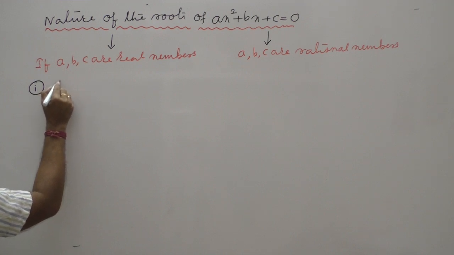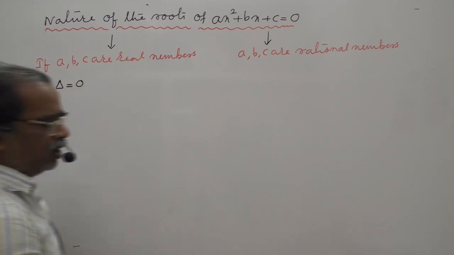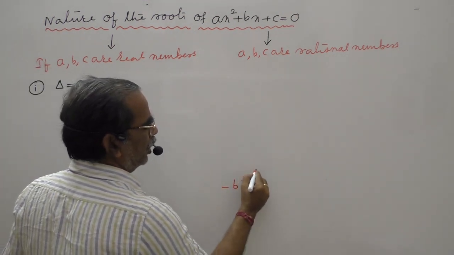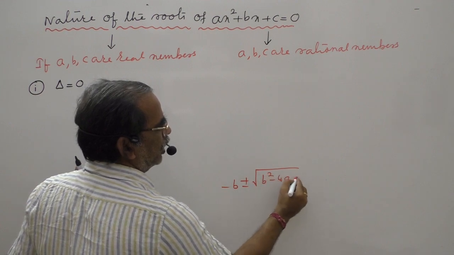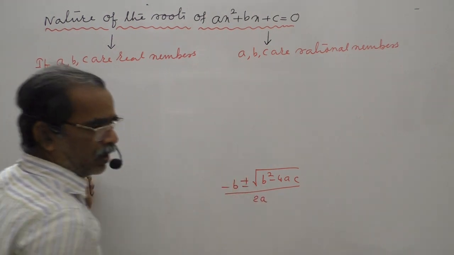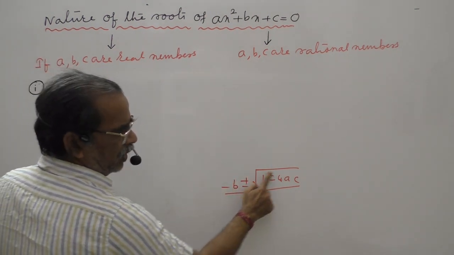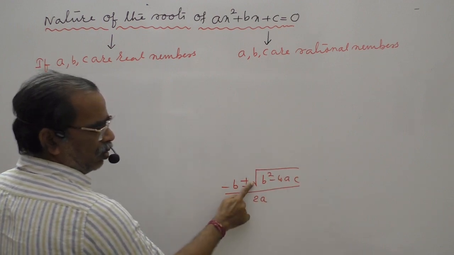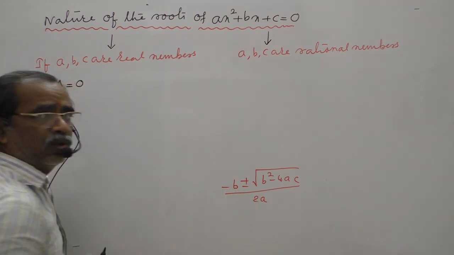Listen now. If delta is equal to 0, see what the roots are. Roots are minus b plus or minus root over b square minus 4ac, whole divided by 2a. If delta is 0, delta means this quantity is 0, and the square root of 0 is 0. What does it become? Minus b by 2a only.